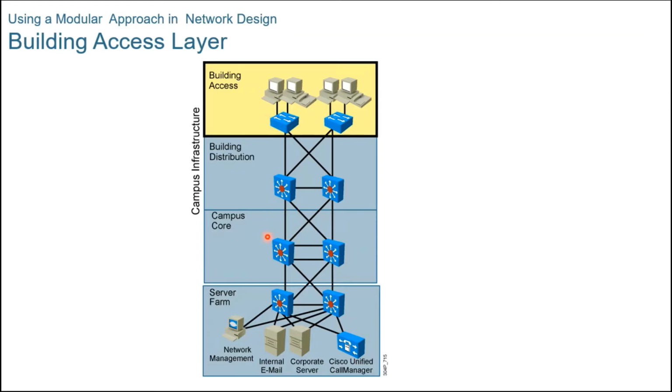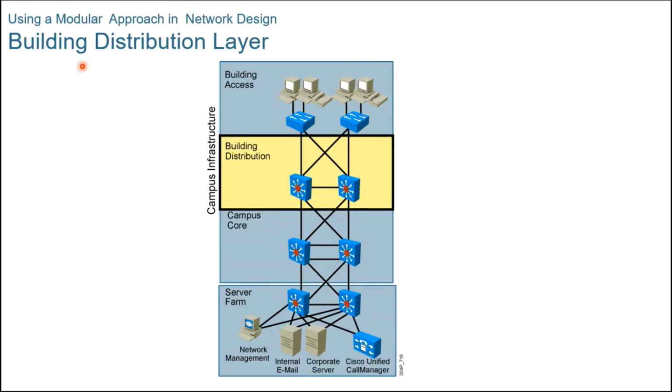So for high availability, the access switches are dual attached to the distribution layer switches. So the building access layer might also provide PoE, or power over Ethernet, and auxiliary VLANs to support voice services.